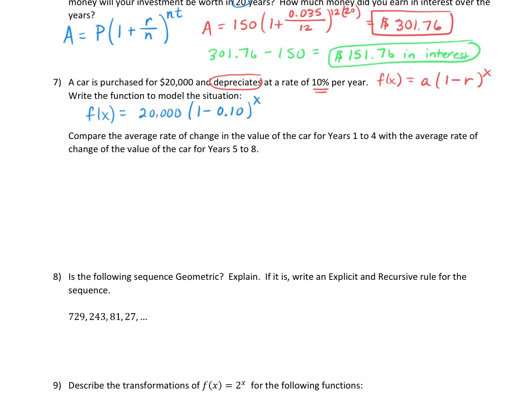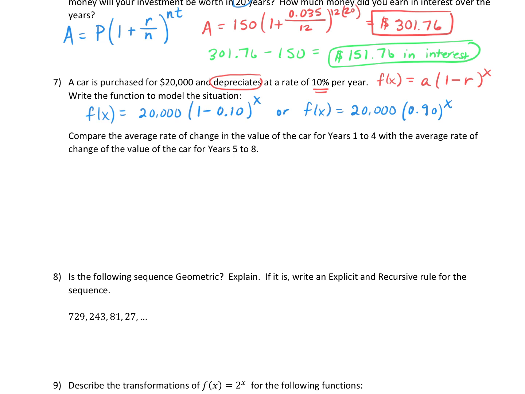So I would take that answer, or you could simplify it. f of x equals 20,000 times 1 minus 0.1, which is 0.9, raised to the power of x. So both of those are acceptable.